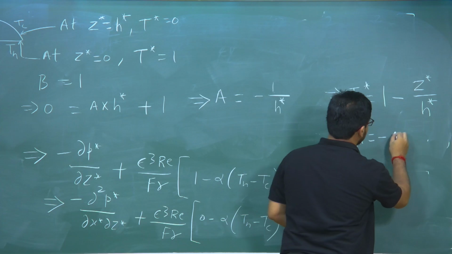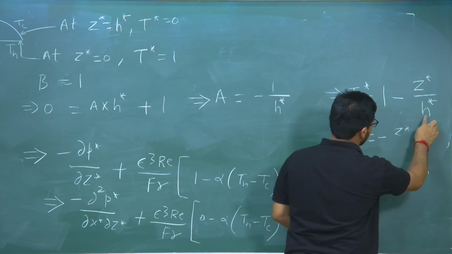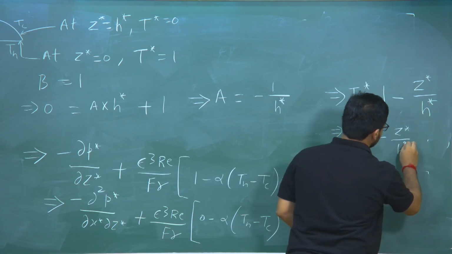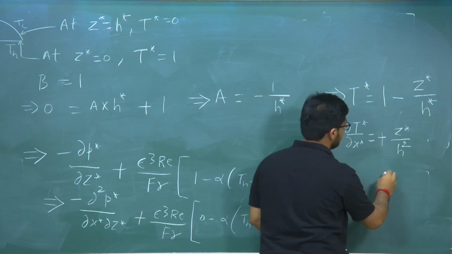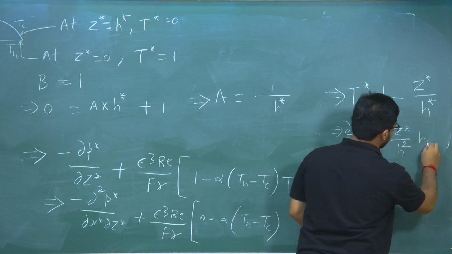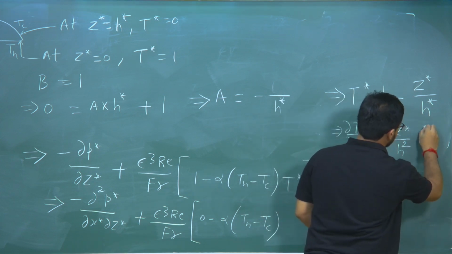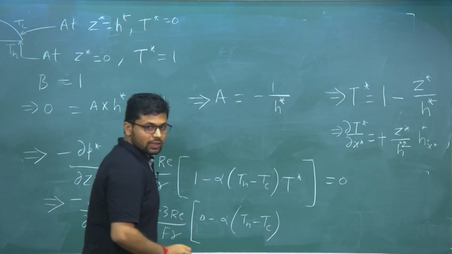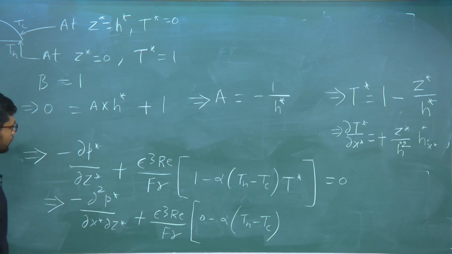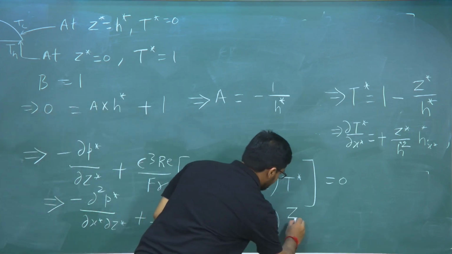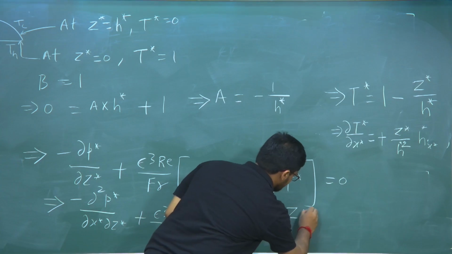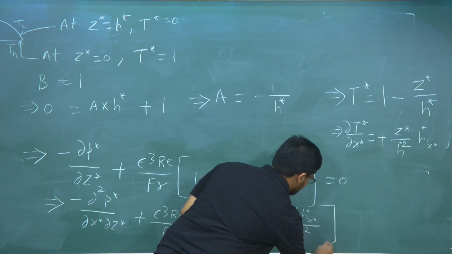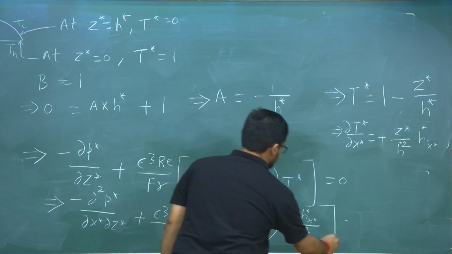So, it will be minus z star, this is a function of x, so it will be h to the power minus 1. So, that will become minus of h to the power minus 2, so this will become plus, and the differentiation of h star will be h x star. So, that will be the dou T by dou x value. We will put that value here. So, this will become z into h x star upon h star square, this is equal to 0.